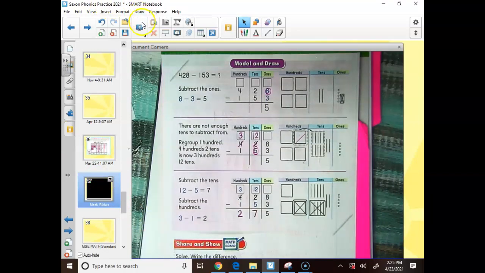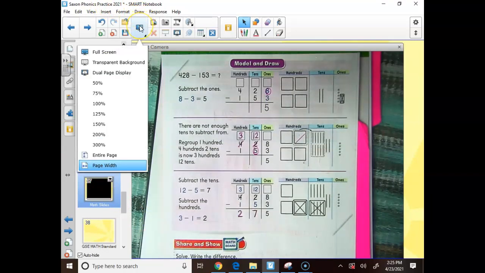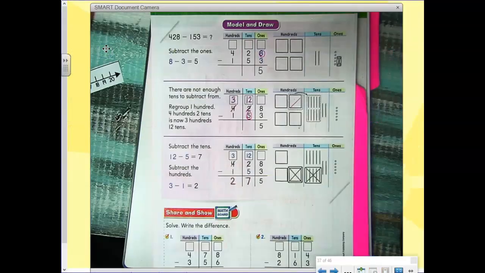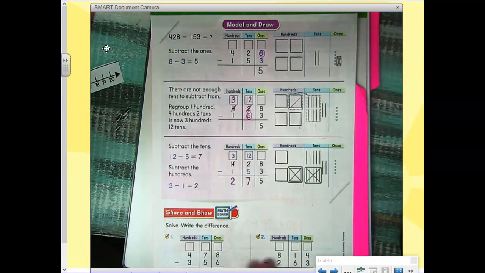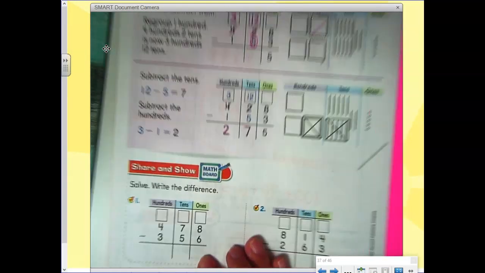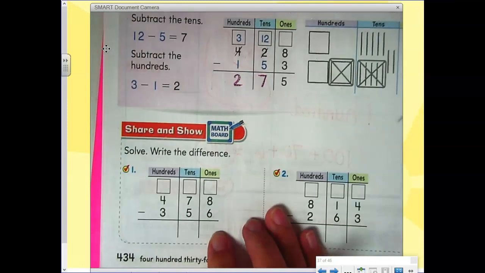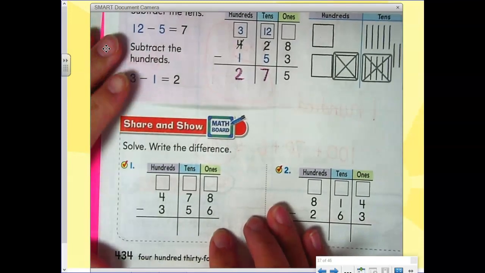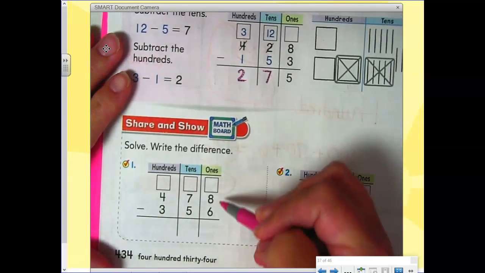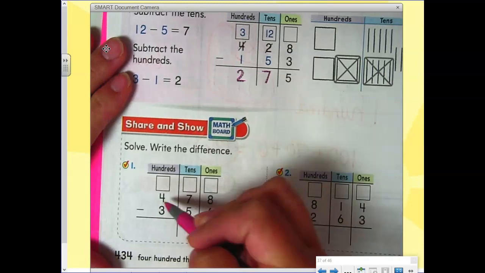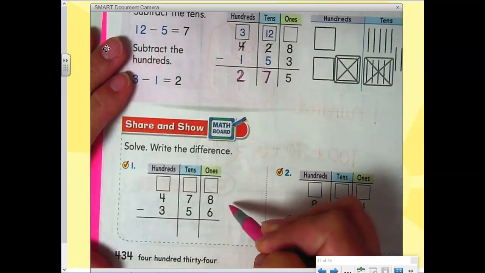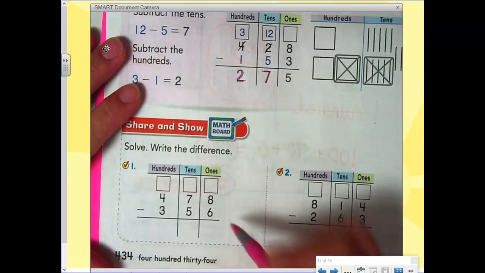All right, so let's try it together. Let me make mine larger so you can see. All right, share and show. All right, 478 minus 356.